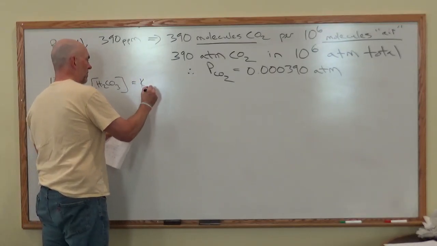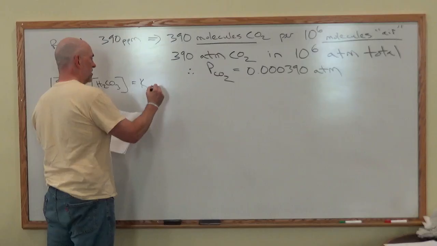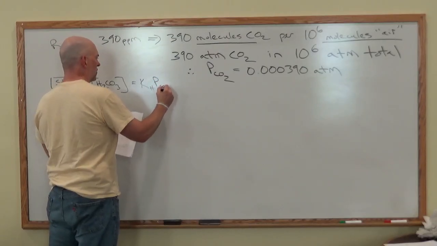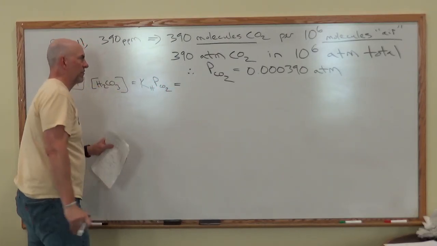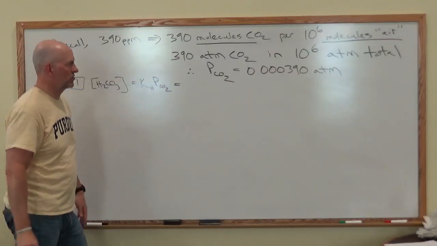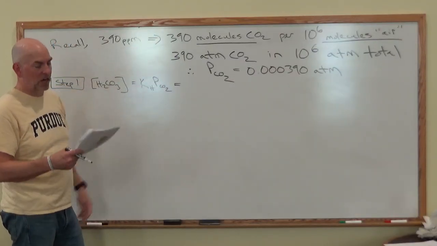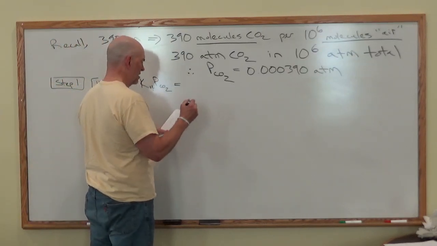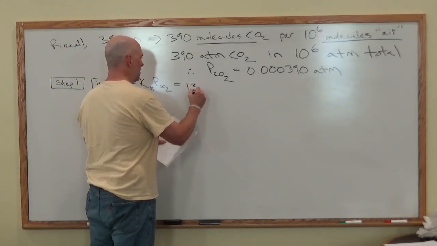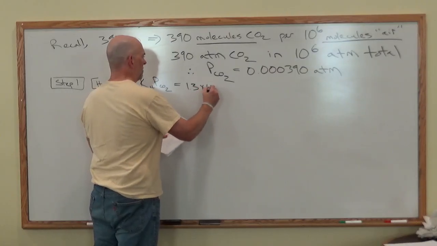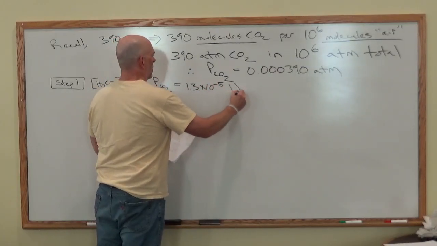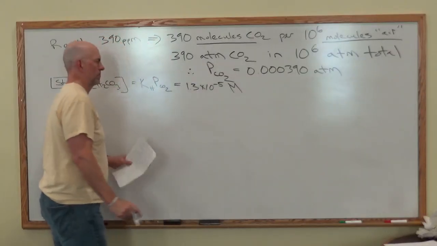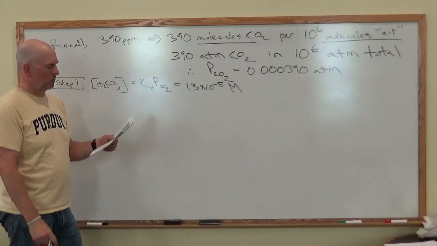Okay, so there you go. There's the Henry's law equation. Take your Henry's law constant times your partial pressure of your CO2. I'm going to let you fill in those numbers. So there's your partial pressure of your CO2. Use the Henry's law constant that I gave you before. And with 2 sig figs, I'm not too worried about sig figs here, but it should be 1.3 times 10 to the minus 5 molarity.